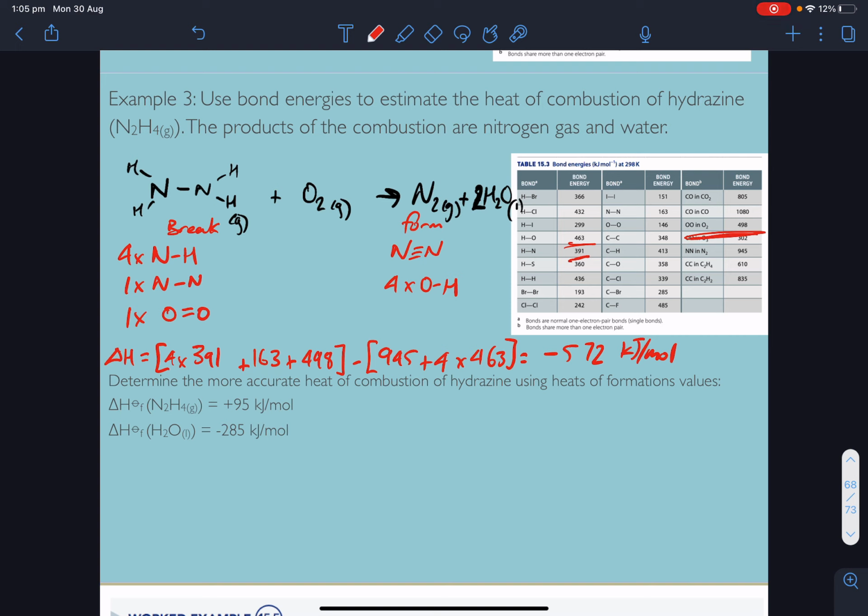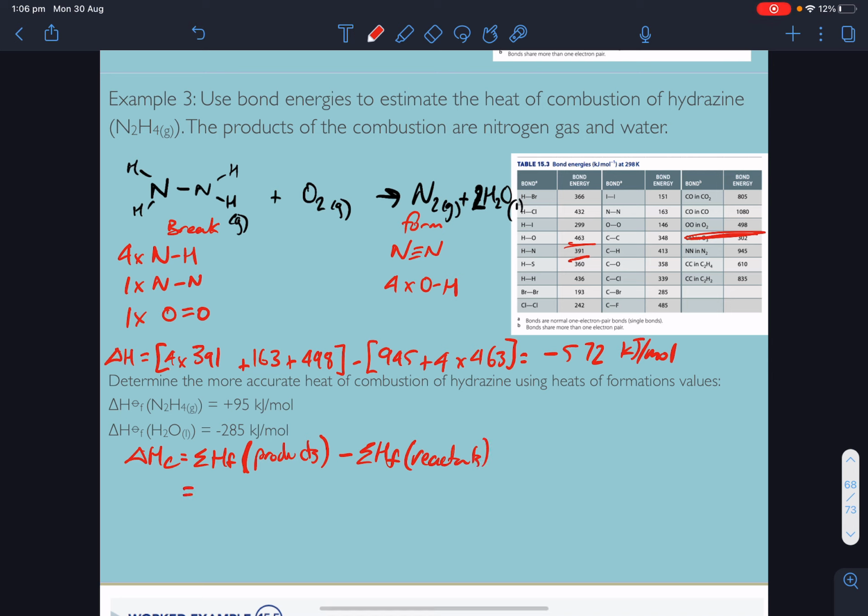Look at part B here. Determine the more accurate heat of combustion for hydrazine using the heat of formation values. So our heat of combustion is going to equal the sum of the heat of formation of our products minus the sum of the heat of formation of our reactants.